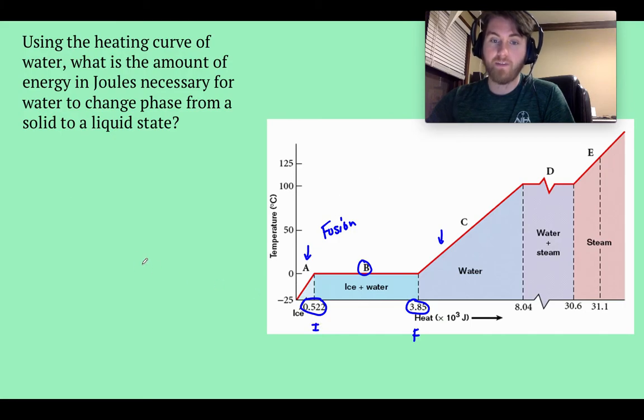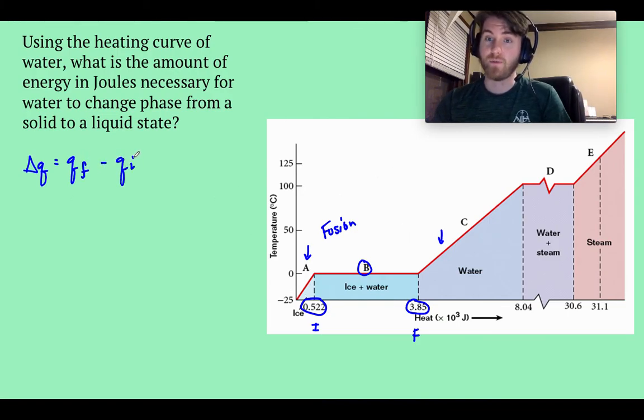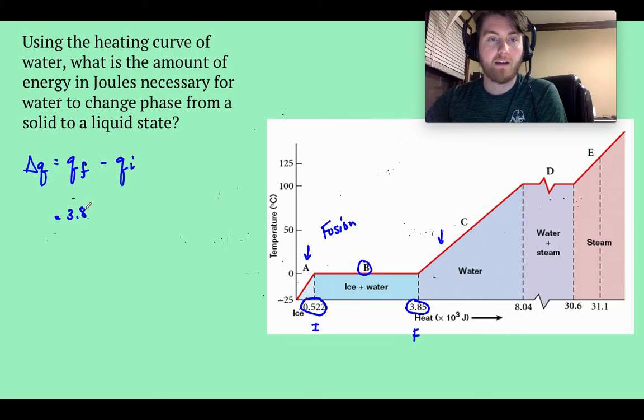This is my initial. If I want to solve for the change in heat, and heat is Q, what's the Q final minus the Q initial? That's what it's asking for. My Q final is 3.85 times 10 to the third joules, and I am going to subtract out 0.522 times 10 to the third joules.